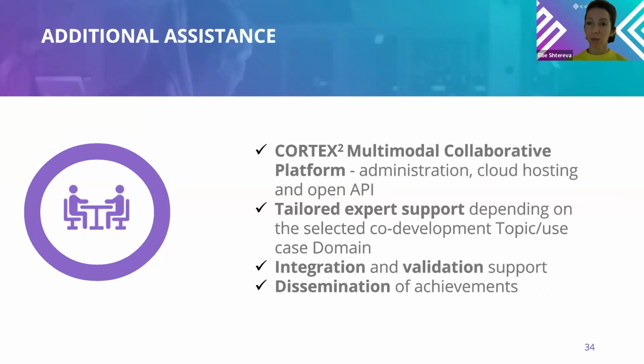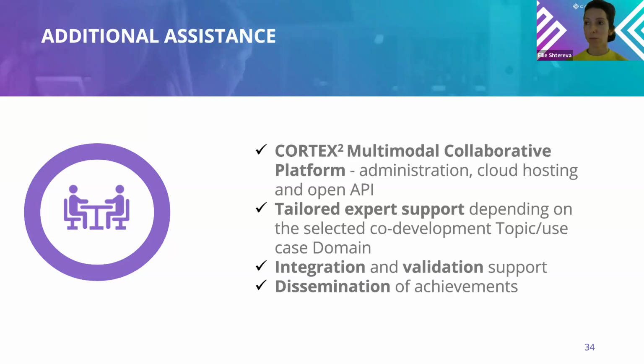Okay. And last but not least, of course, you're going to have additional assistance coming from the CORTEX2 program. First, you're going to have access to the CORTEX2 multimodal collaborative platform. You're going to get assistance in terms of administration, cloud hosting, and open API, a tailored expert support if your project decides with the support of the coach that any additional expertise is needed for the successful execution of your activities.